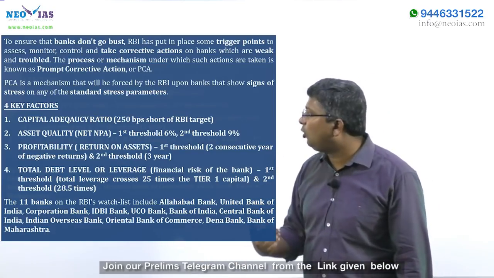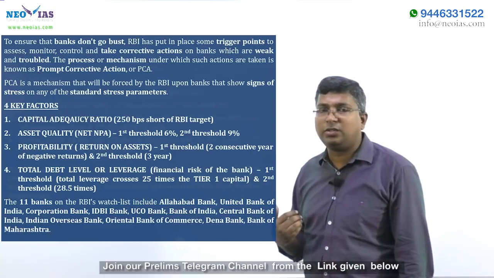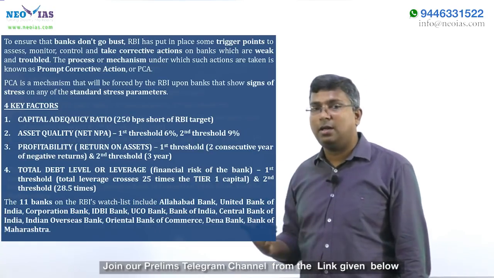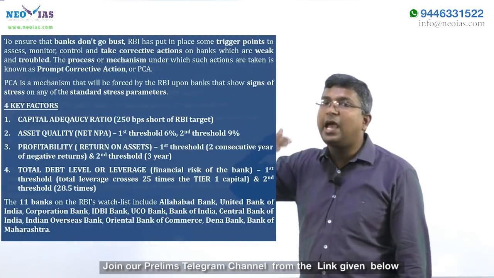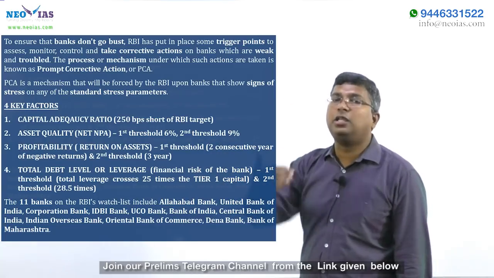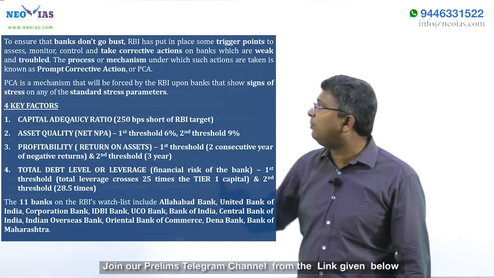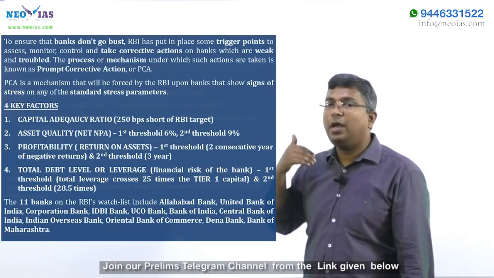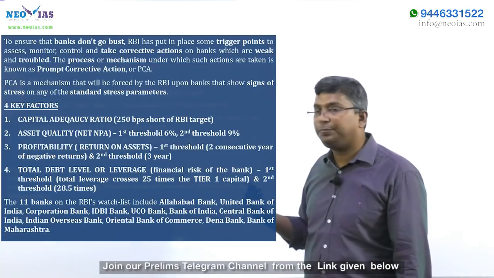every bank should have a capital adequacy ratio of 8%. But RBI has set a higher standard for all the banks, that is 9%. So Indian banks have to have a capital adequacy ratio of 9% under RBI norms.